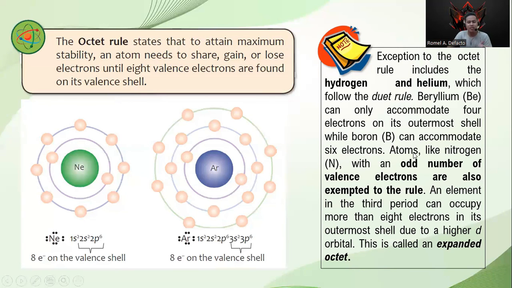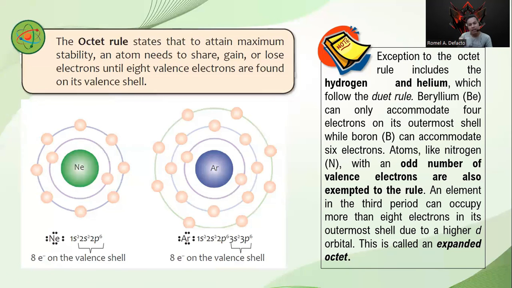An element in the third period can occupy more than 8 electrons in the outermost shell due to the higher d orbital, and this is called an expanded octet. But basically, the basic rule is that there should be 8 in the outermost shell. These are just exemptions, less than 8 and more than 8.